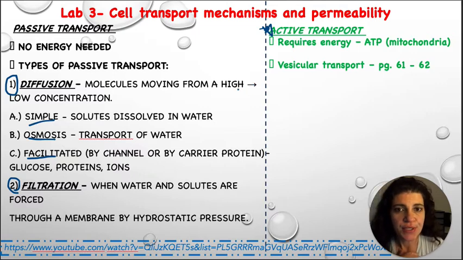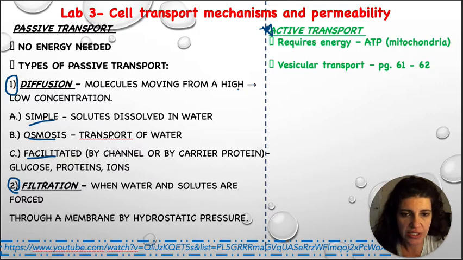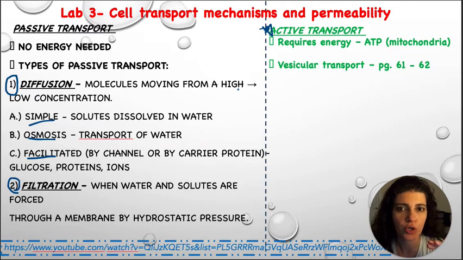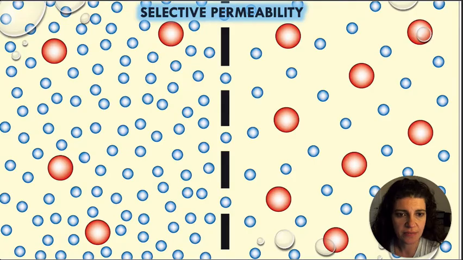Okay, so I want to start by telling you what diffusion is. Diffusion is molecules moving from where they're more concentrated to where they're less concentrated. Which molecules? Any molecules. Depending on the molecule, you're going to have a different type of diffusion. Okay? So if I show you this, look what a nice image.